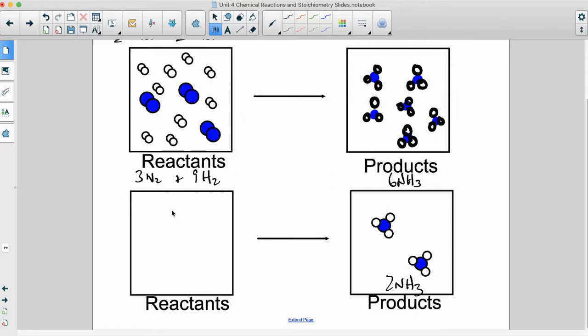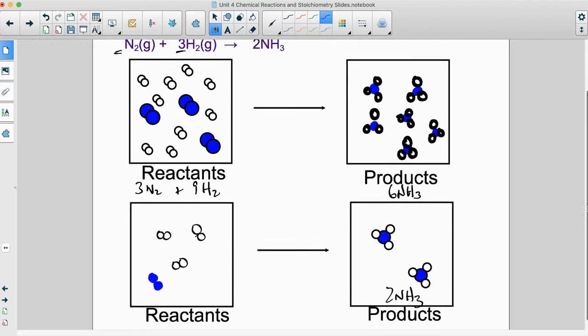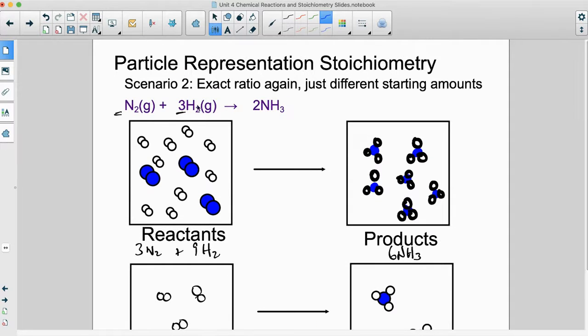So we can draw those particles here: 1, 2, 3 H2s and 1 N2 molecule. So hopefully just from conservation of mass, you can see this relationship playing out in the particle diagrams, but also you can see this conservation of mass and the ratios in the balanced chemical reaction.